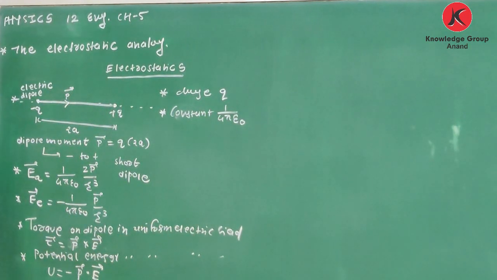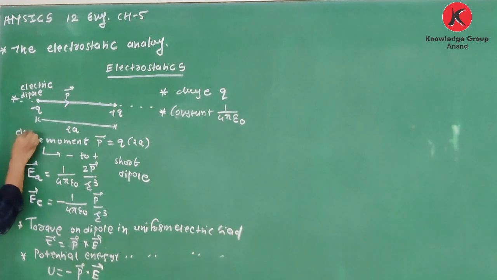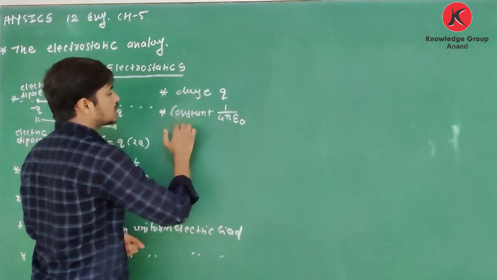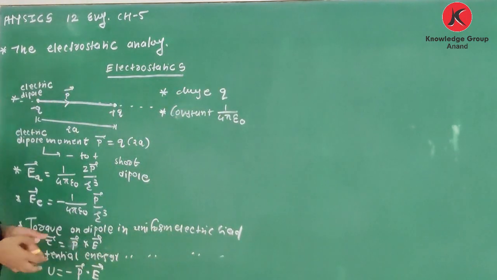So in electrostatics, the fundamental is charge, the constant is 1 upon 4 pi epsilon 0, the electric dipole has minus Q and plus Q charges at distance 2a, and we have the dipole moment, electric field on axis, electric field on equator, torque and potential energy.